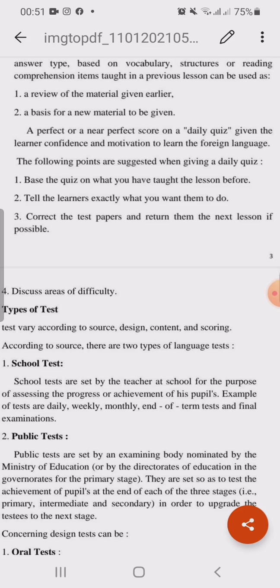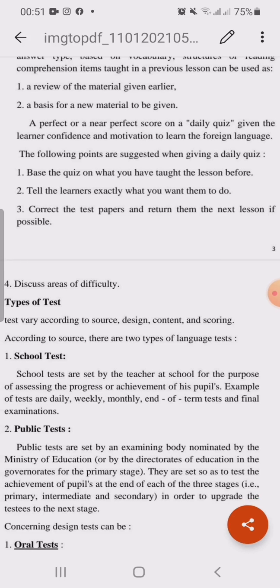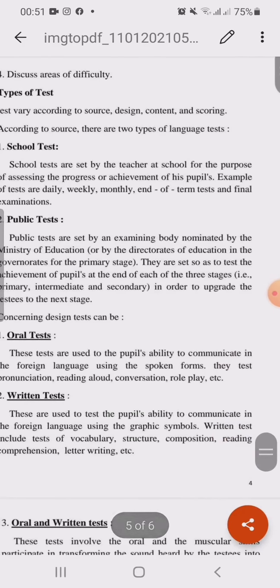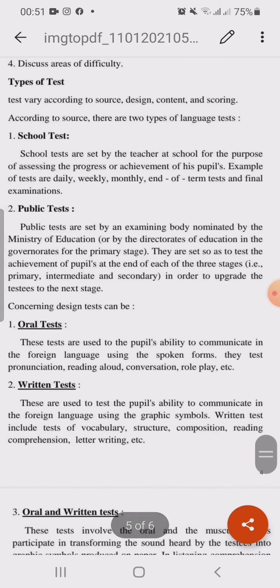Number 2, tell the learners exactly what you want them to do، أخبر الطلاب بما تريد منهم فعله. Number 3, correct the test papers and return them the next lesson if possible، نصلح الأوراق ونعيدهم إذا كان ذلك ممكنا. Number 4, discuss areas of difficulty، يعني نناقش أماكن الصعوبة.